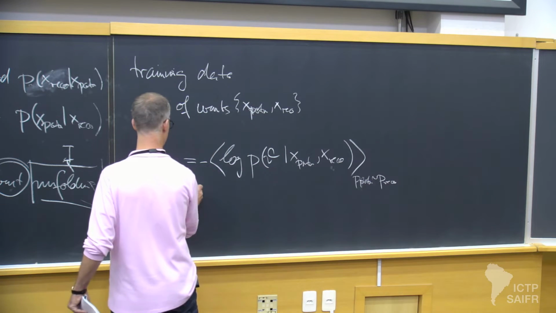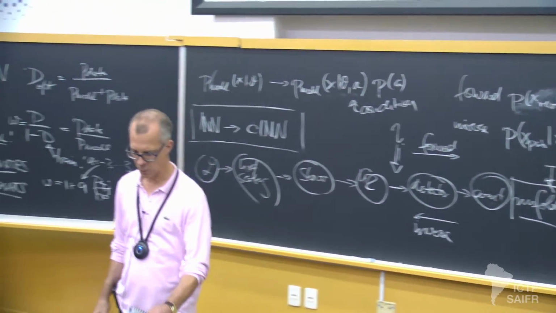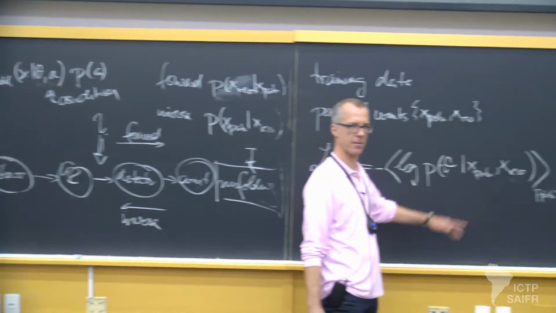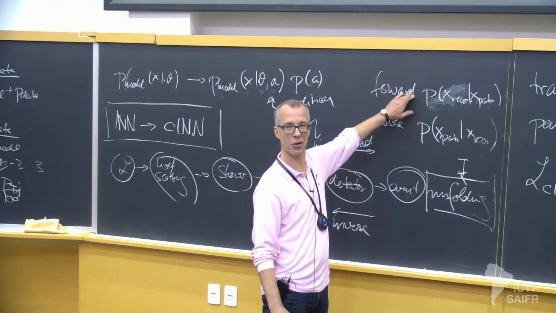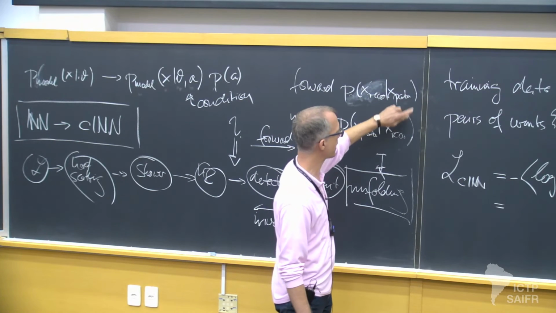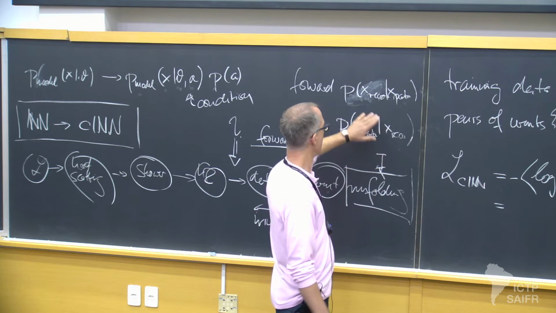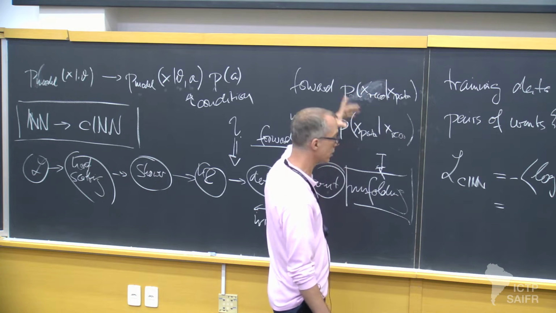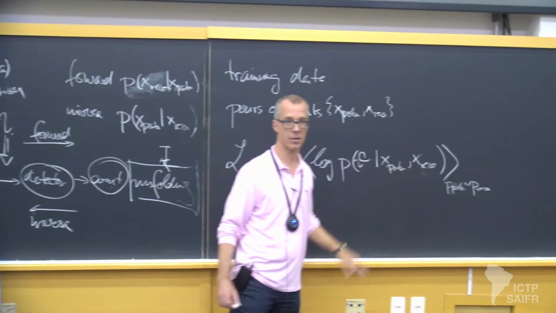Now, if I have a network that's trained like this, what I want at the end of the day out of this network is not that probability. What I want are these two likelihoods. Theta, if it's a network description, would appear here on the right-hand side, and I want the probability distribution of either x reco given x parton, if I do a forward simulation, or x parton given x reco from this probability distribution.